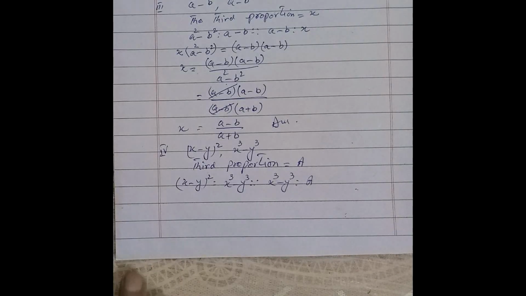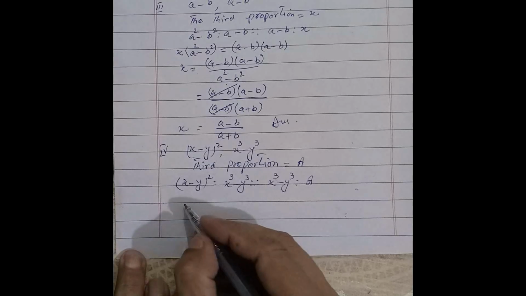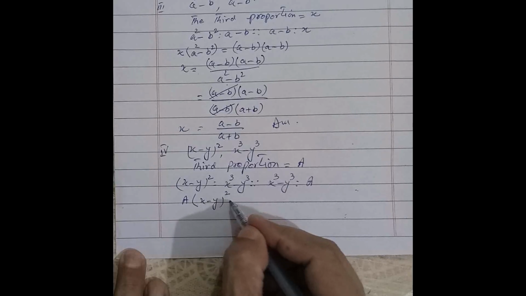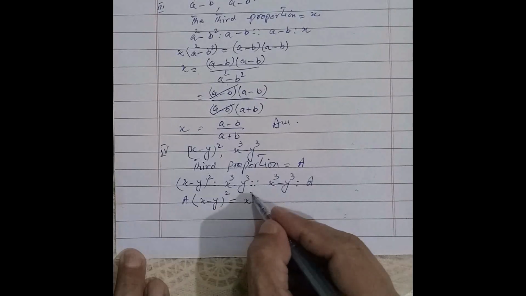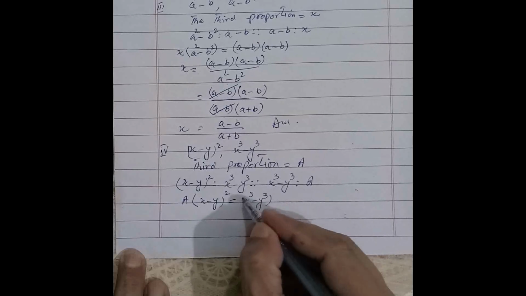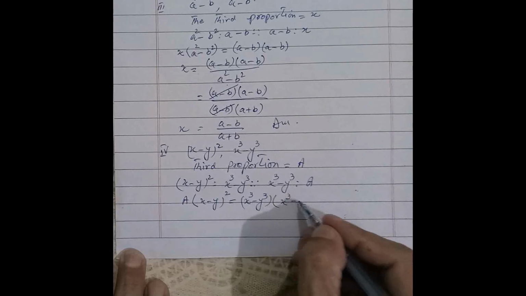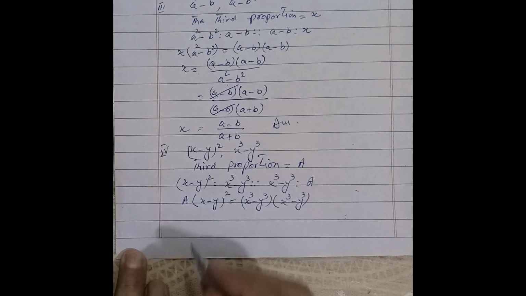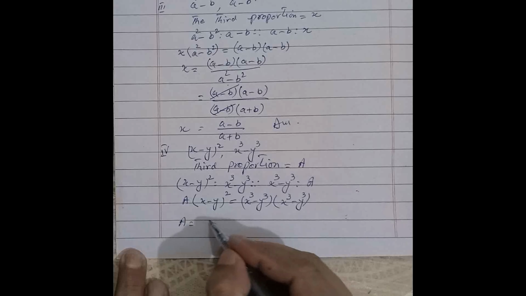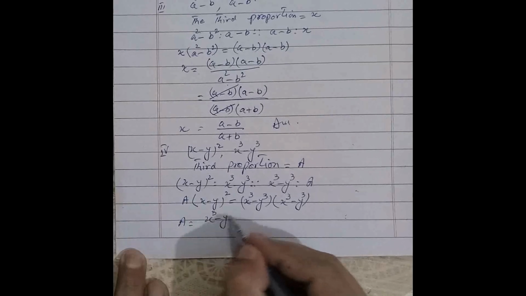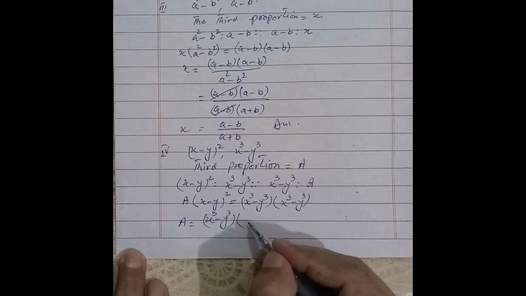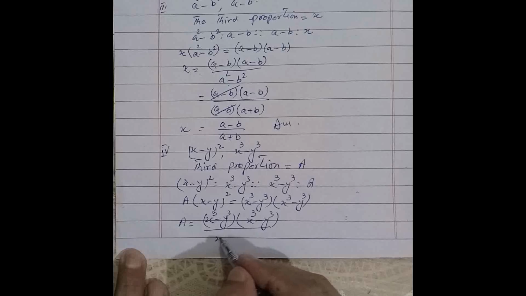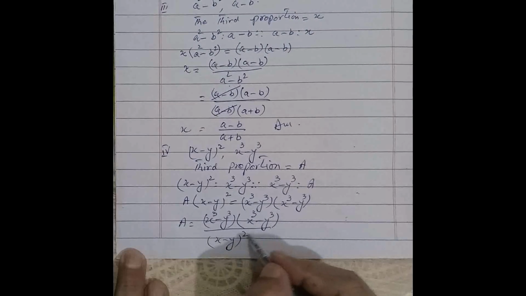Here the product of external values is equal to the product of internal values, which is a into (x minus y) whole square is equal to x^3 minus y^3 into x^3 minus y^3. Now simplify these values. We get a is equal to x^3 minus y^3 into x^3 minus y^3 over (x minus y) whole square.